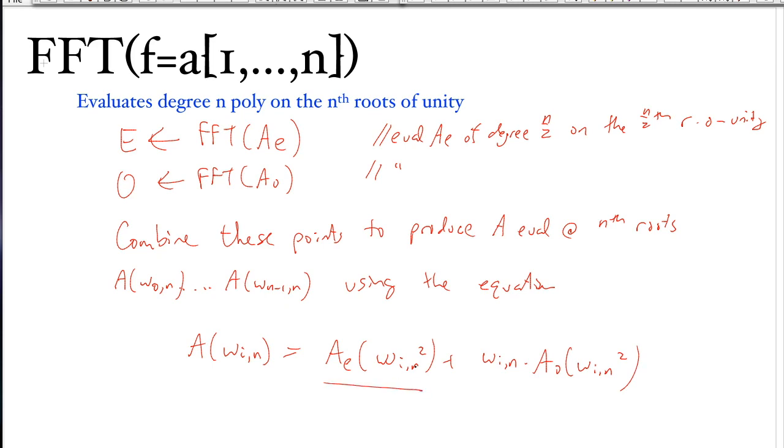Now, since omega_{i,n} squared is an n over 2th root of unity, these points right here will be in these two lists. So we just look them up and use them in this math.